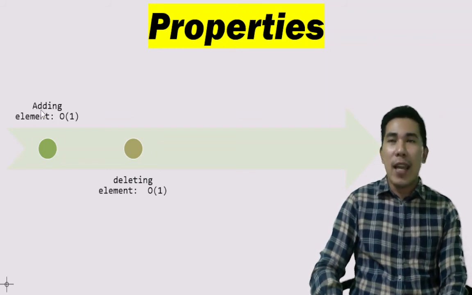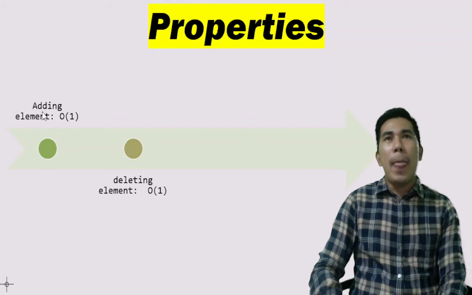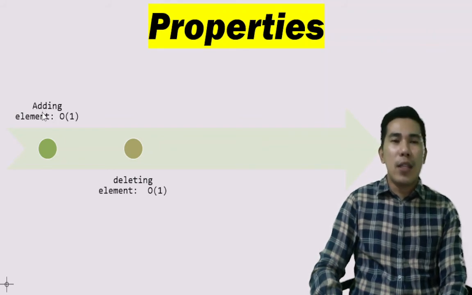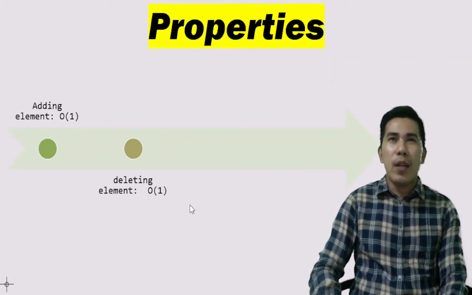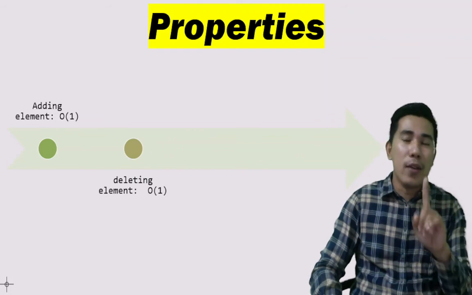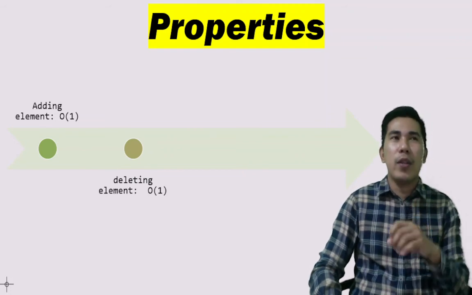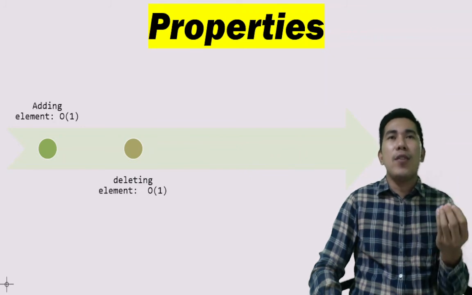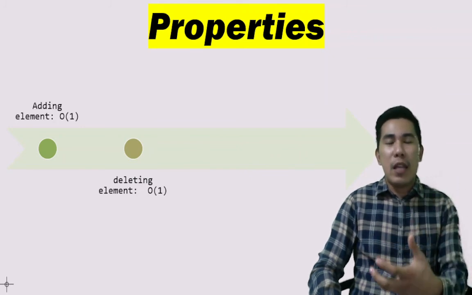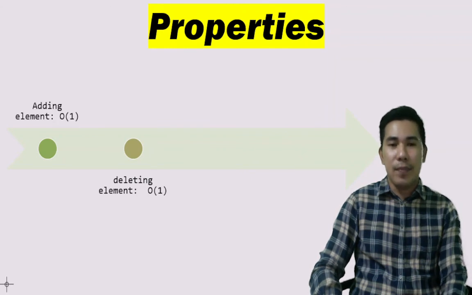So basically, it's faster because it knows where it actually stores and where it actually deletes the data. It does not require a loop. It automatically determines the top, whether you remove or add the element.